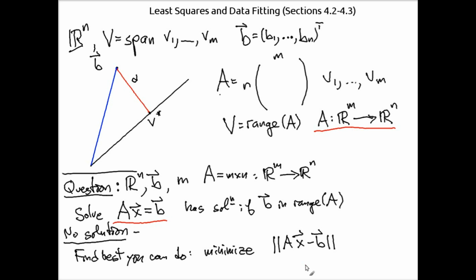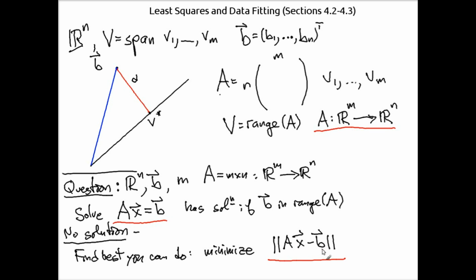So let's just look at this equation for a moment. As x runs over all m vectors, this Ax runs over all of the vectors in this subspace V. And if I can solve this equation, I can make this number 0.